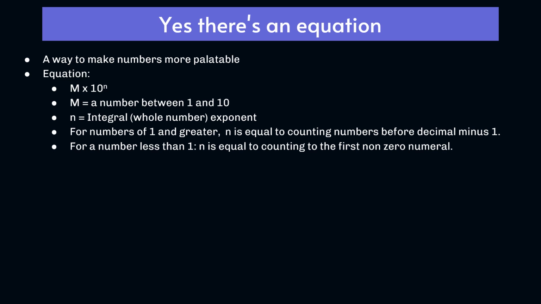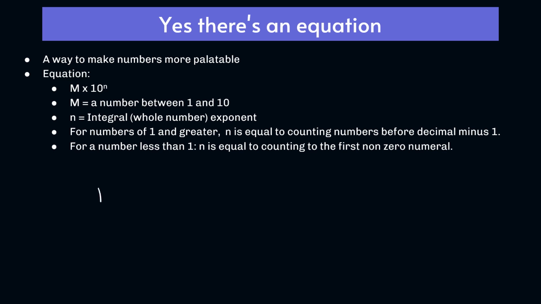For numbers that are 1 and greater, so not a number below 1, not just a decimal, the exponent is going to be equal to counting the numerals before the decimal, minus 1. I'm going to show this in the examples. So say like 100. 100 would be 3 numbers. Let me write it down here.